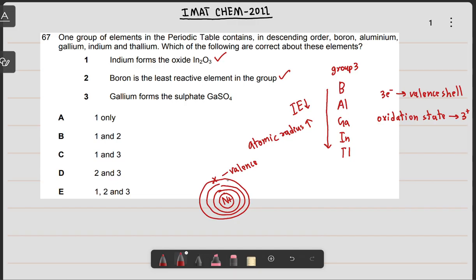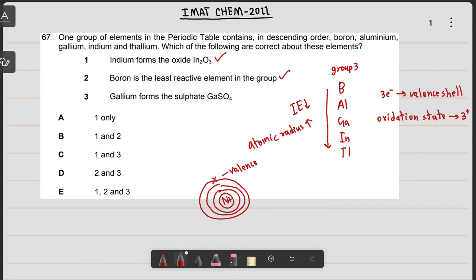That's why it's easier for the elements as you go down the group to lose those electrons, because there's less positive attraction, and also because there's more electron-electron repulsion, meaning the electron shielding effect increases as you go down the group because the atomic radius increases. So that's the reason why boron is least reactive.